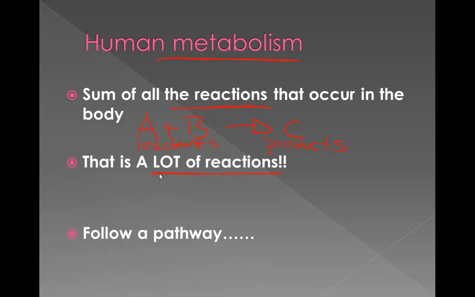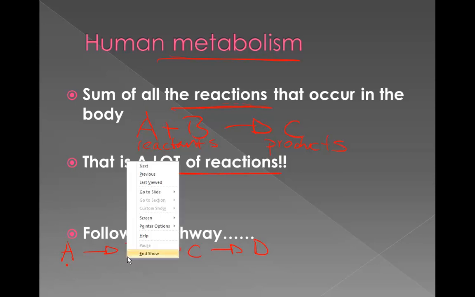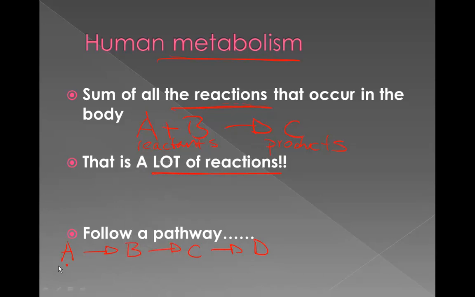So we should have a general understanding that we're talking about a lot of chemical reactions. And these chemical reactions don't happen all randomly. They're going to follow a very specific pathway, and a pathway can be regulated by many different variables. But one thing we need to understand in a metabolic pathway is that if this is the first reactant, the reactant becomes the product of the first reaction, and then it will become the reactant for the next reaction.